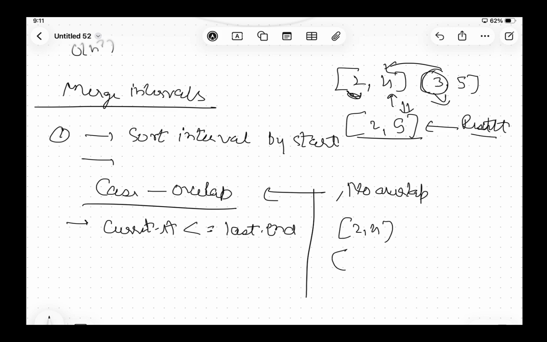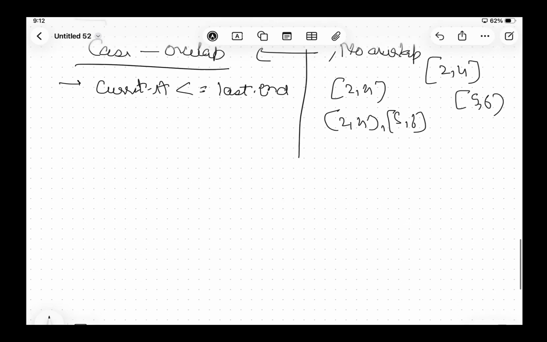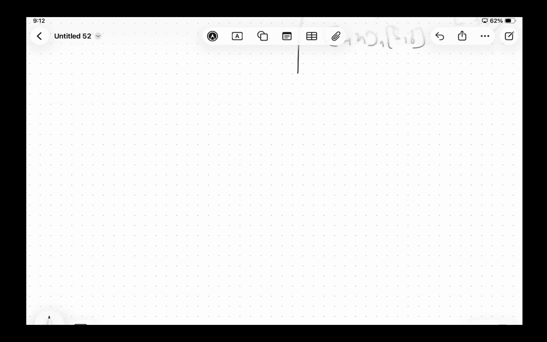Take a separate example that doesn't overlap, 5, 6. So the result will be 2, 4 and 5, 6, two answers. That's it. Simple logic, but extremely powerful. Let's do one dry run so you can understand the whole flow.